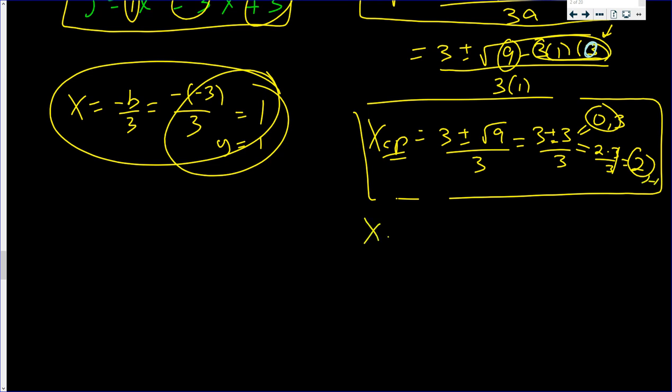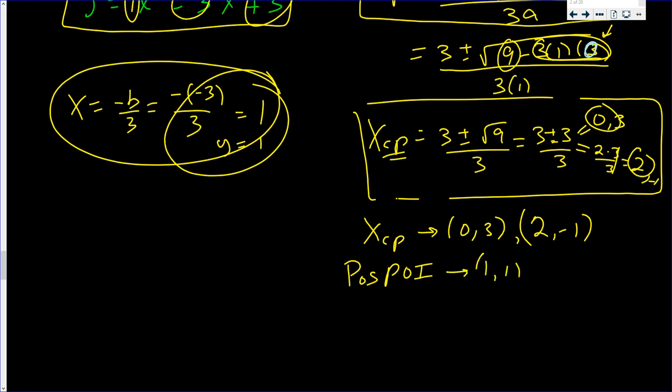So the critical points are at (0, 3) and (2, -1). And the possible point of inflection is at (1, 1).